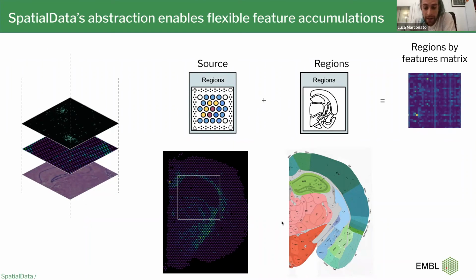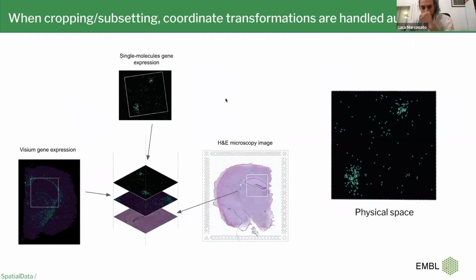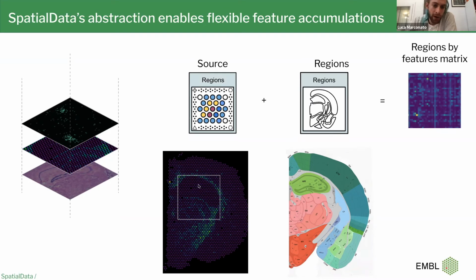This is a case in which you take the Allen Brain Atlas and then you register it to your data. Maybe you want to aggregate the Visium information on top of these larger regions. And again, from our perspective, this is still the same query, it is aggregate. And it doesn't really matter what the source or what the target is, the method does that for you. So all these operations were possible because layers are aligned in space.